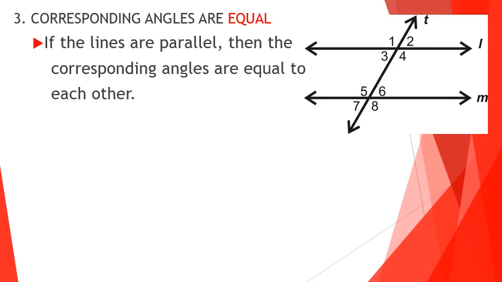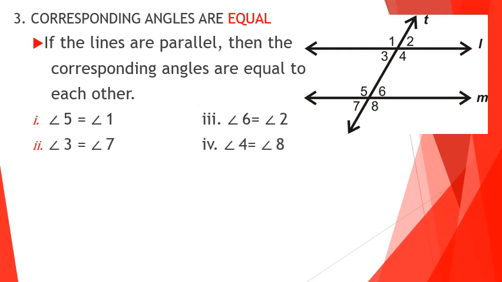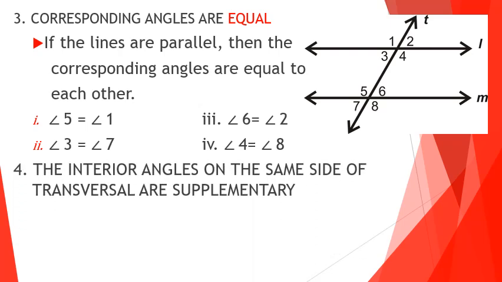How many pairs of corresponding angles will form? 4 pairs of corresponding angles are formed and they are equal. That is, angle 1 equals angle 5, angle 6 equals angle 2, angle 3 equals angle 7 and angle 4 equals angle 8.